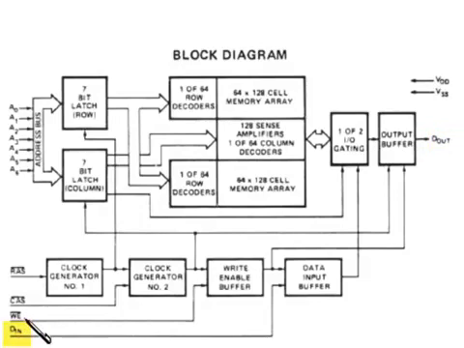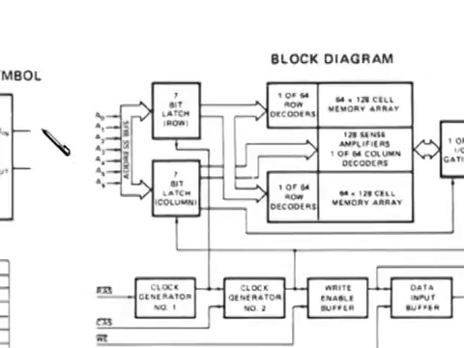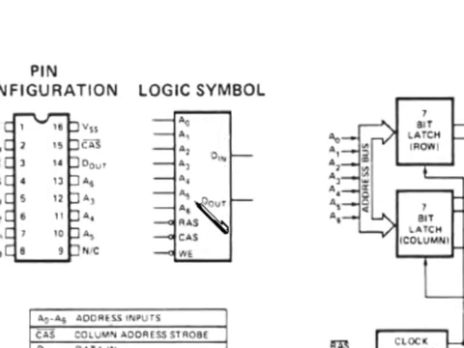We also have a write enable, which when it's low we're writing, when it's high we're reading. And again, we have the not RAS and the not CAS. So let's look at the timing involved in this. Oh, and by the way, up in the logic symbol, here it is: A0 through A6, not RAS, not CAS, not WE, and then the D in and D out, which are actually separate terminals.